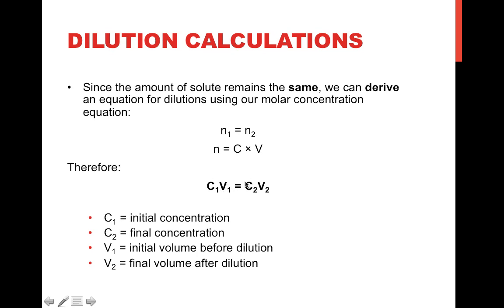C2 is the final concentration of our solution and V2 is our final volume. Looking at this equation, the C1V1 part deals with the concentrated solution, and the C2V2 part deals with the diluted concentration.